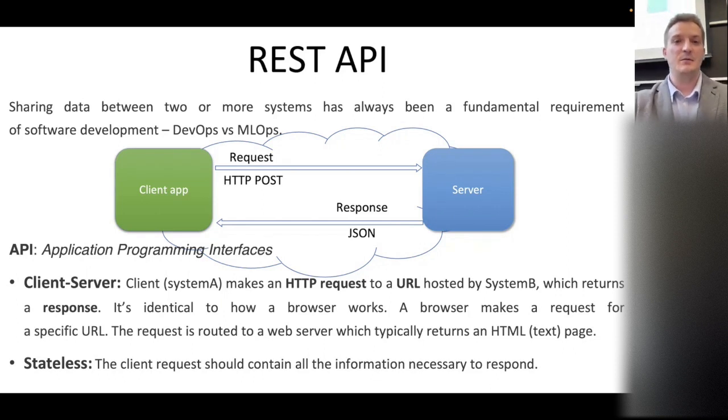Okay, so back to this REST API. What should be most important for you to remember is that using machine learning models in programming is the same as using any kind of application. Your model is a kind of application.